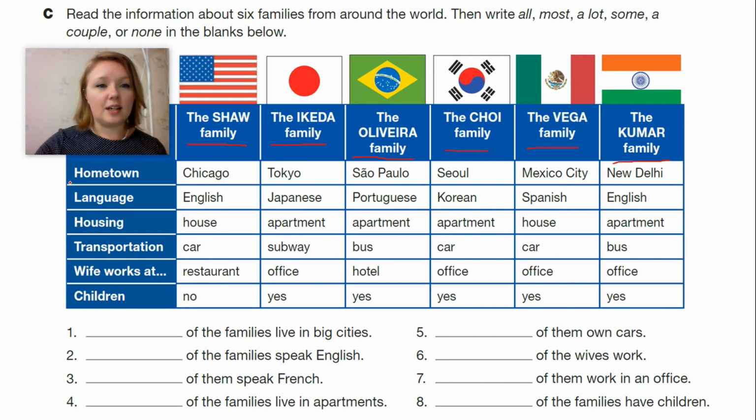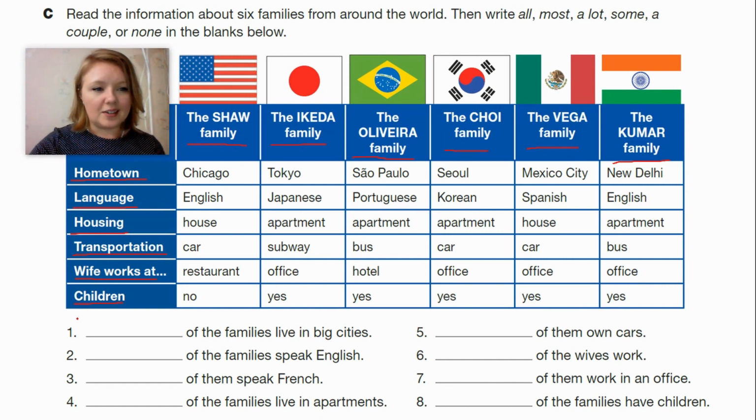Here we see information about hometown, language, housing, transportation, where the wife works, and if they have children. We see the Shaw family: Chicago, English, house, car, wife works at a restaurant, no children, and so on. Please look at this in your book.